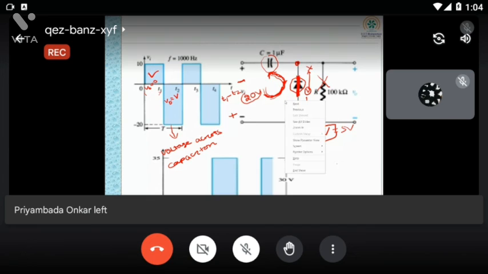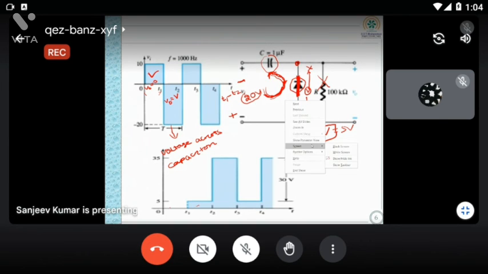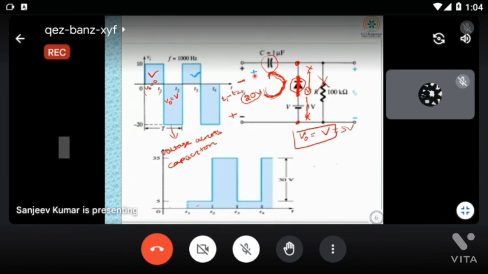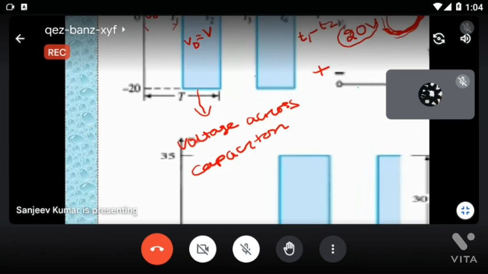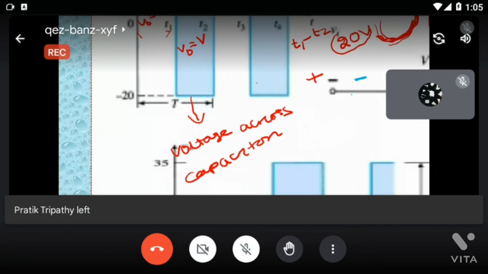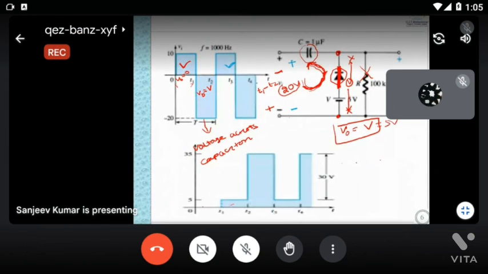Now in this time period, this is 10 volt. Now this will be plus, minus, plus, minus. So this will be 10 volt.